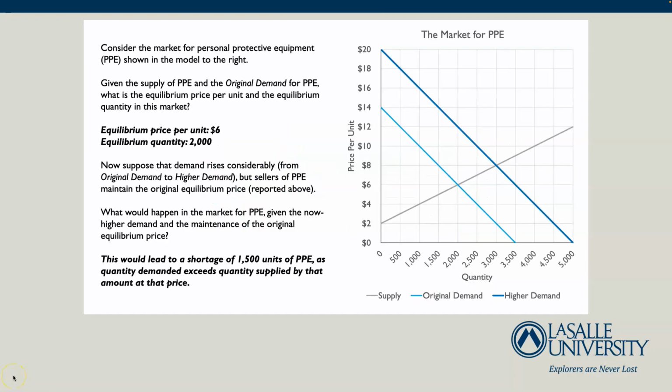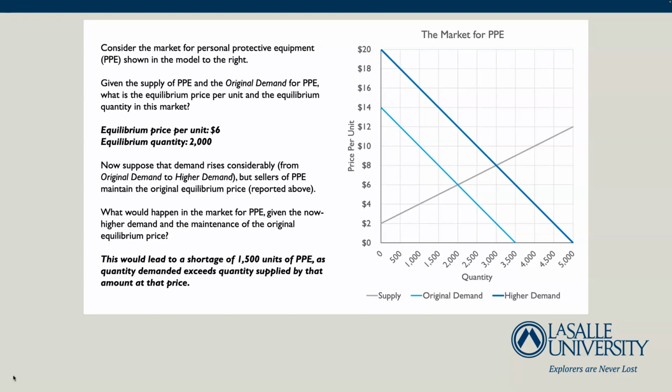Now let's use a model of supply and demand in the market for personal protective equipment to understand why we had shortages of PPE during the pandemic. Here we have a downward sloping demand, say in February of 2020, and an upward sloping supply in the market for PPE.